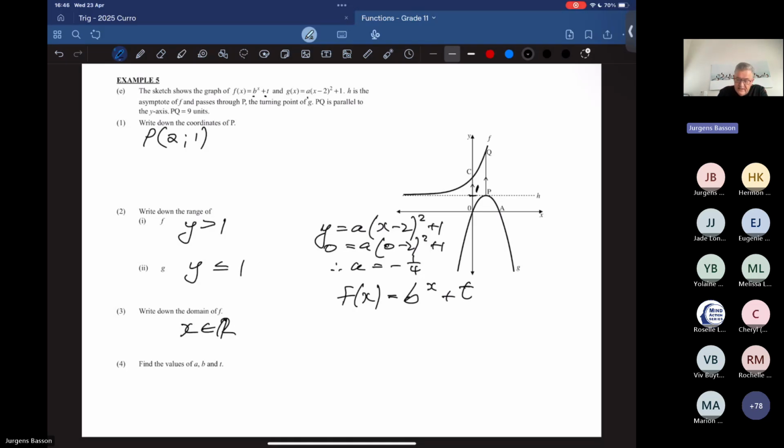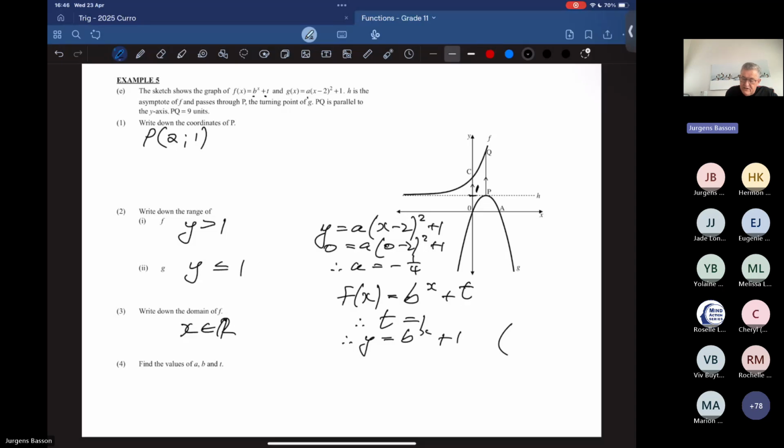I hope you agree with me that it is a 1 unit shift, because the asymptote normally at 0, now it is at y equal to 1. So we can clearly say that t will be 1. So that means that y is equal to b to the x plus 1.